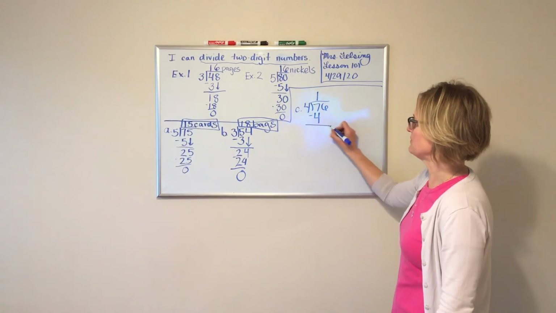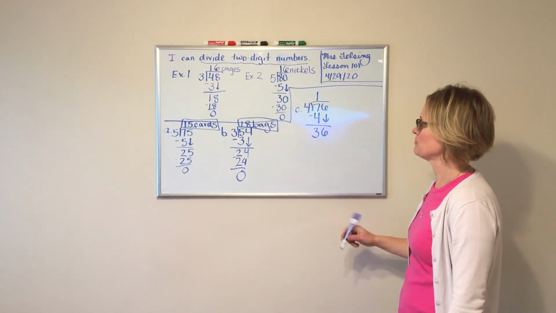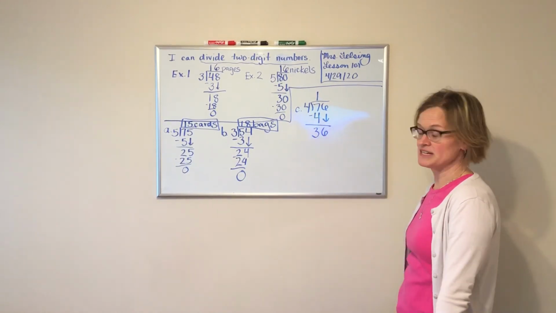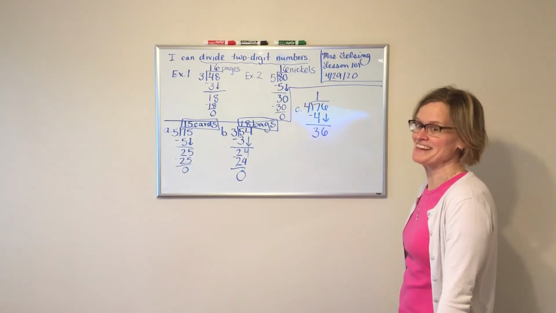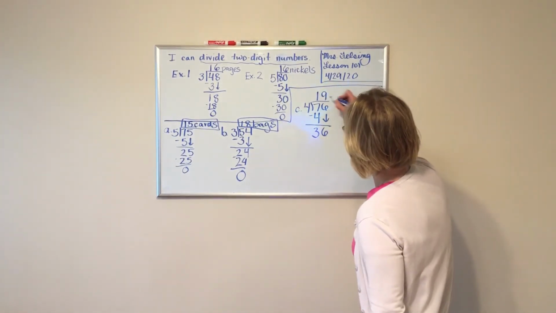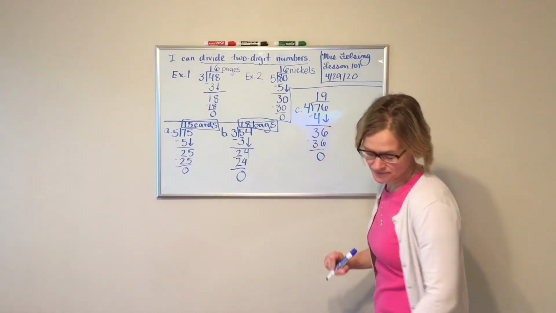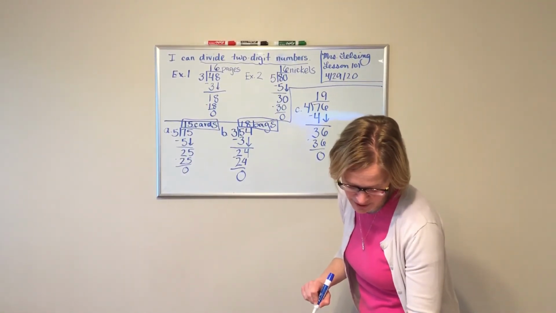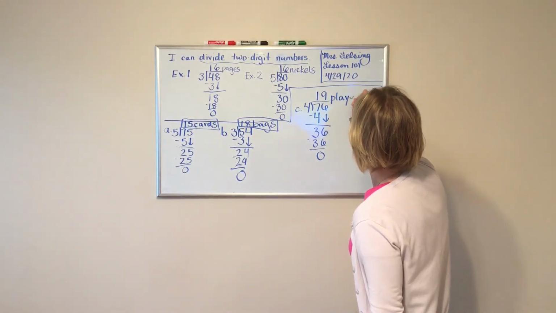Subtract that from 7, which is 3. Bring down the 6. 4 can go into 36 how many times? 9 times. 9 times 4 is 36. Subtract, 0. Letter C, how many players will be in each row? 19 players.